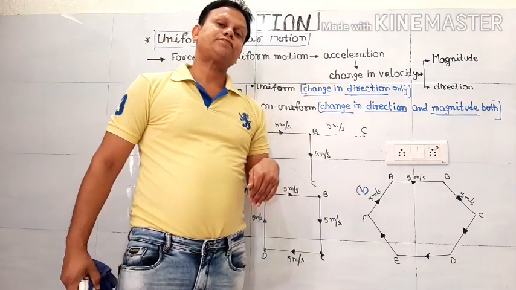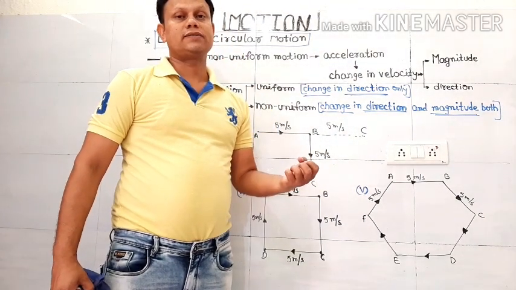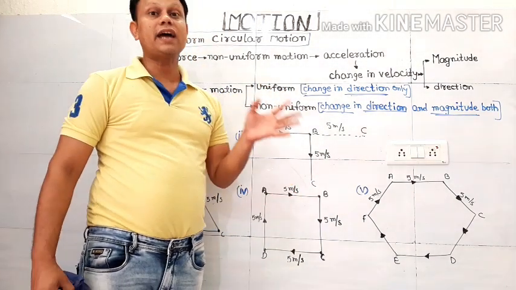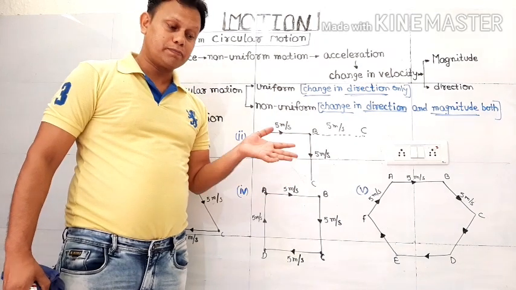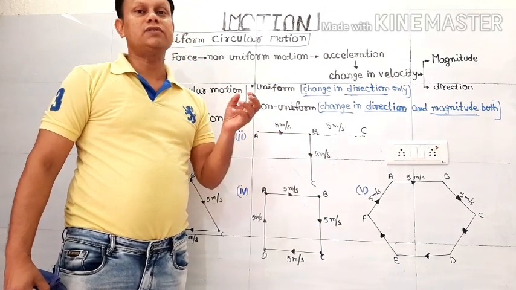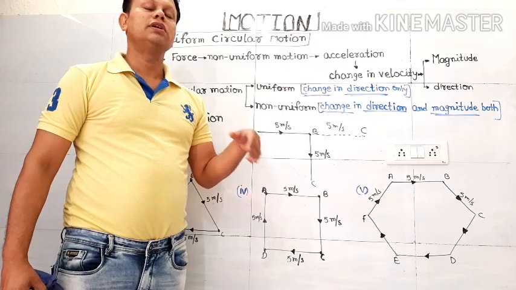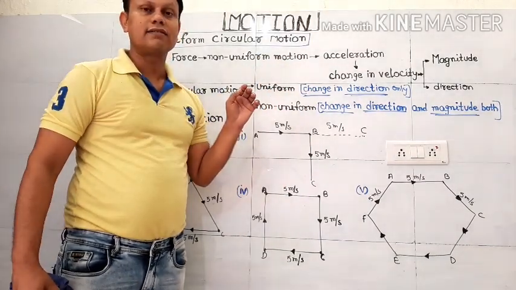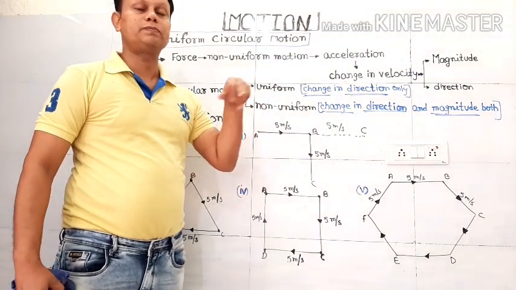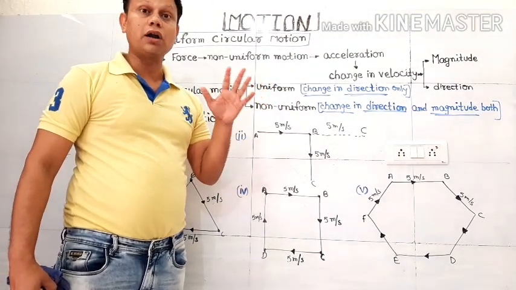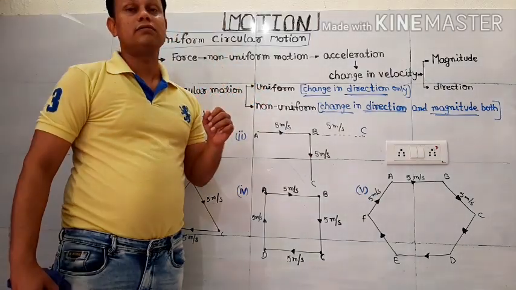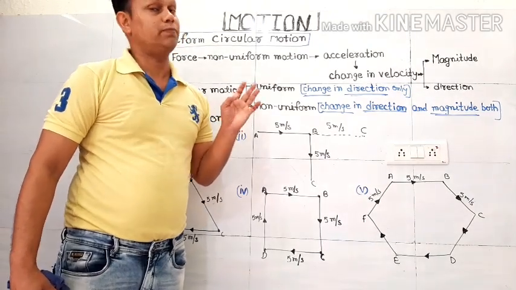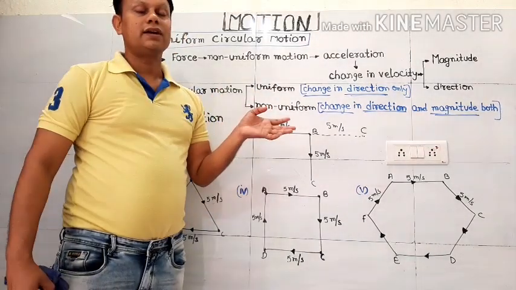Similarly, if we take a heptagonal path, that means 7 times is needed. Octagonal path, then 8 times. Nonagonal path, then 9 times. Decagonal, and suppose a polygon of 100 sides, means a path where direction is changed 100 times. So that means 100 times force is needed, because 100 times the body will be accelerated at each corner. What about a 1000 side polygon or path?